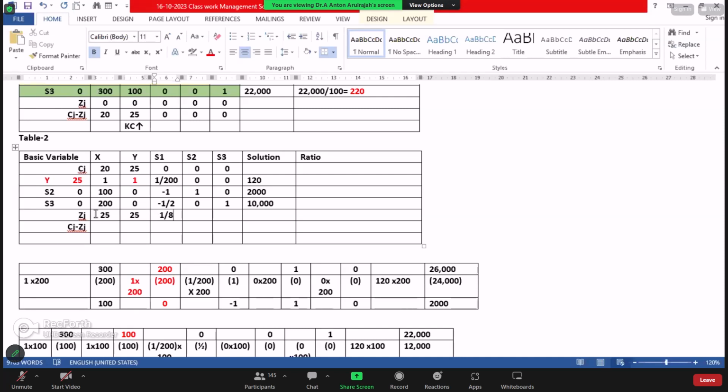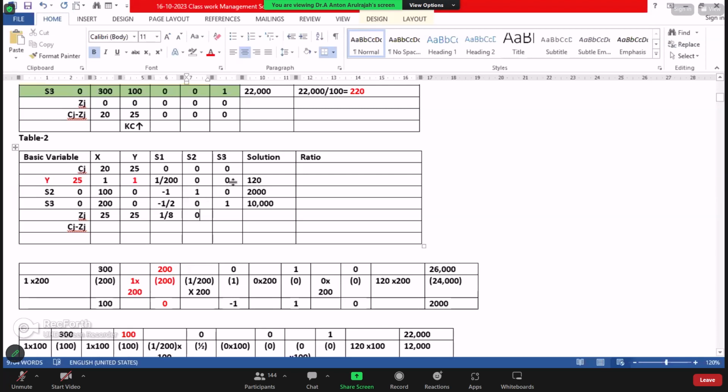Because here 0, therefore it is 0. Here also 0. Therefore only 25 into 1 by 200, that is 1 upon 8. Here 25 has to be multiplied by this 0. This 0 has to be multiplied by this 1. That is also 0.